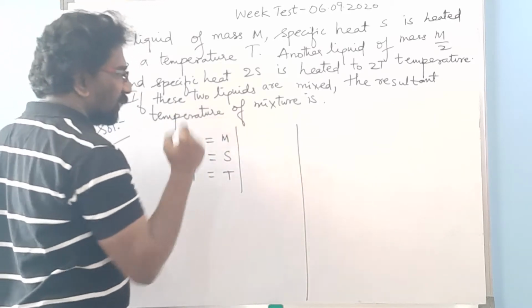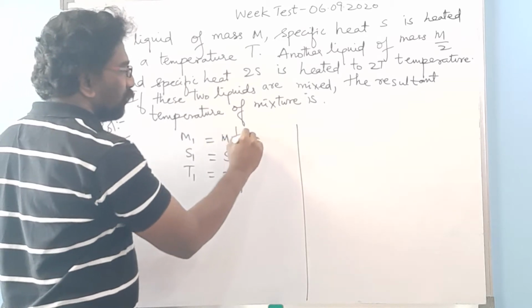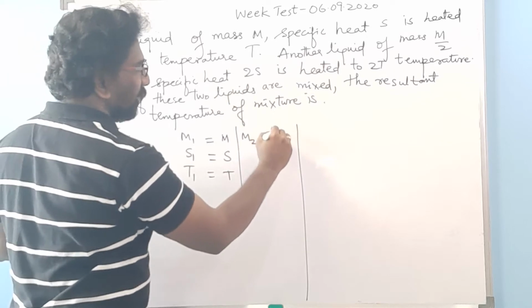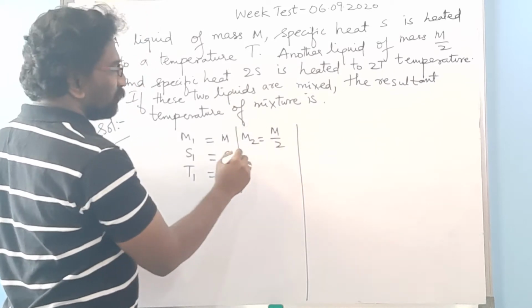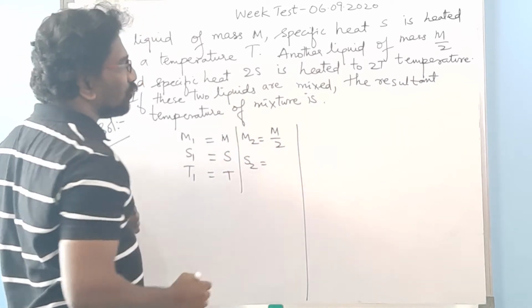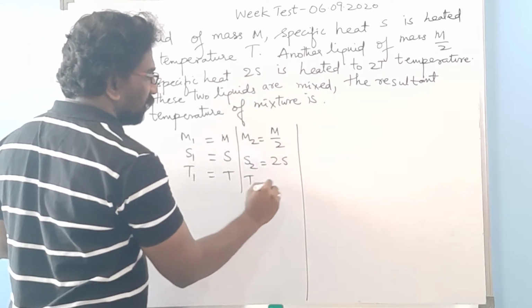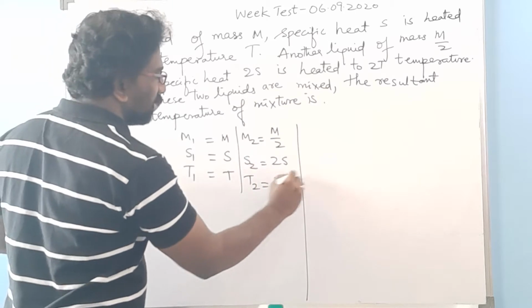In a similar fashion, for the second liquid, M2 is the mass, which is m by 2, the specific heat capacity of the second liquid S2 is given as 2S, and the temperature of the second liquid T2 is equal to 2T.